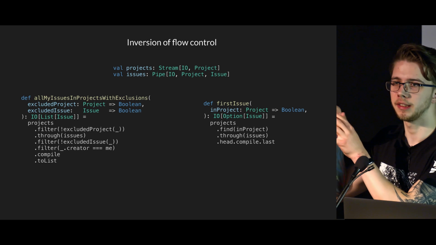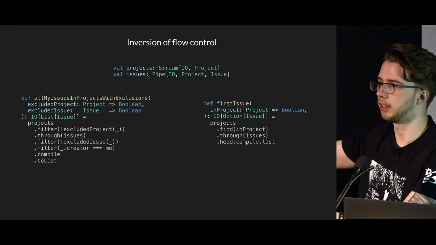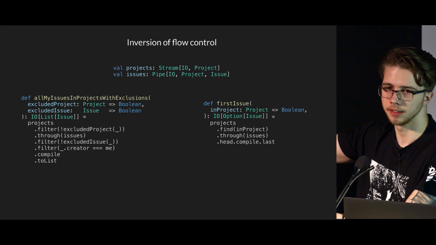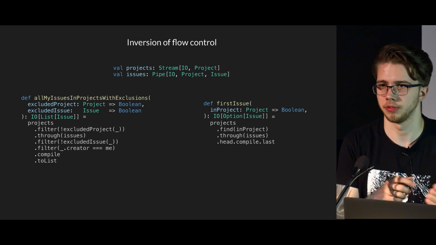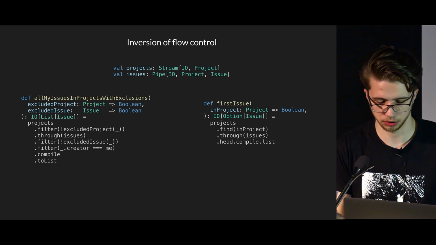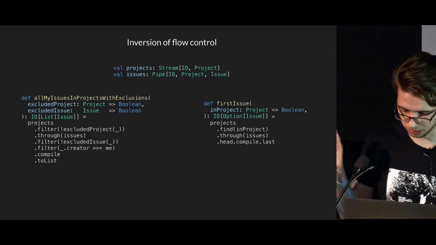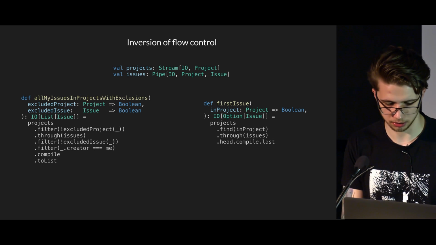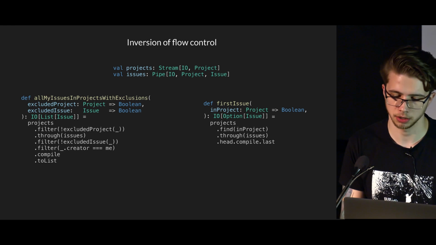Instead of building custom operators for streams like extension methods, we can create functions or vals and create pipes out of them and just pass them to this through function. And it composes really well. It solves all my problems with extensions. And I think more libraries should use such an abstraction.